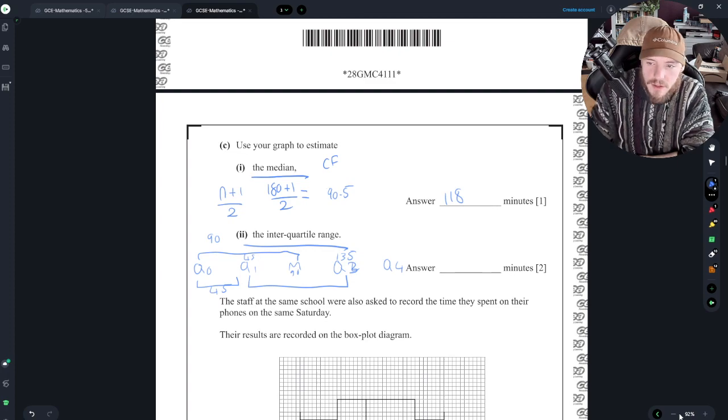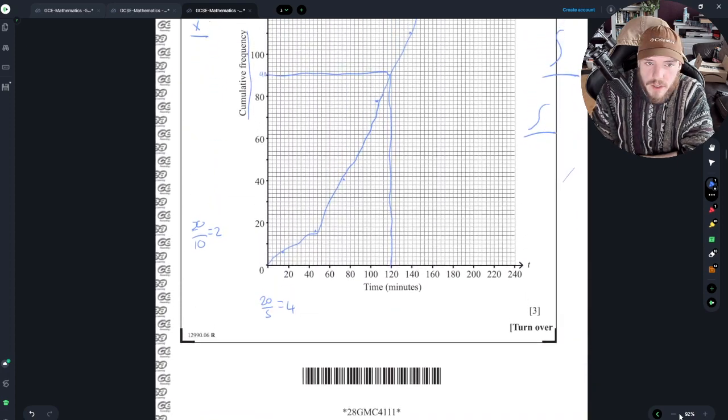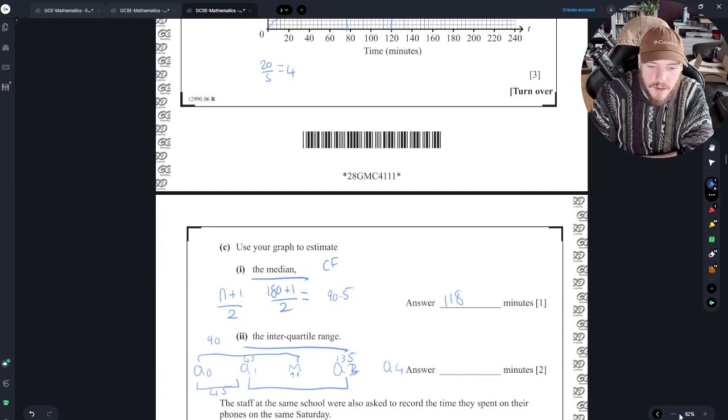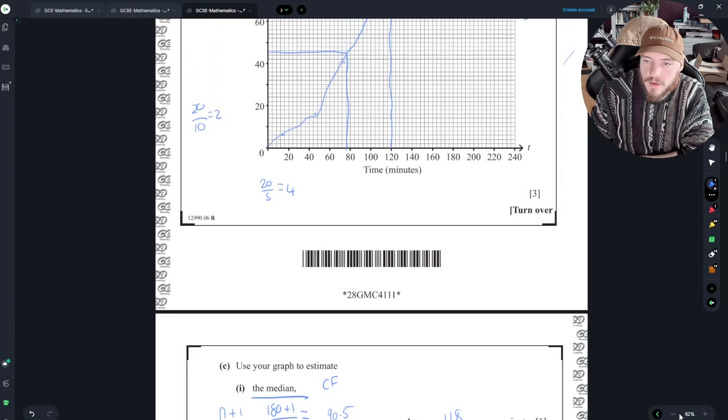So what we'll do is we'll go up and see where our 45th value is, which would be around here. So I'm going to draw that across and go down, and then we have our Q3, our quarter 3 value, which is 135.